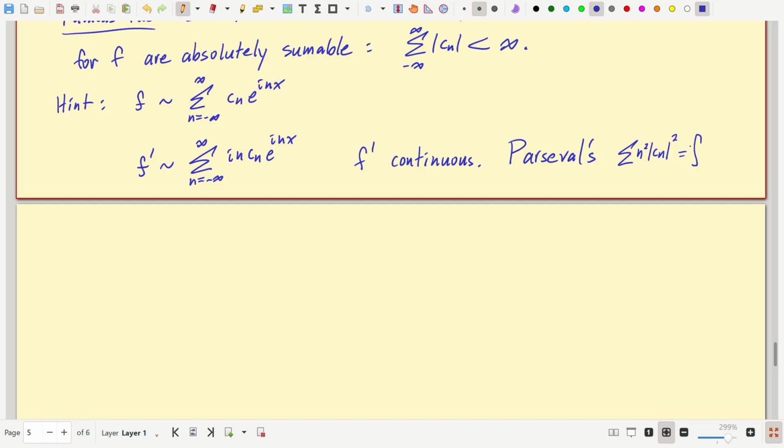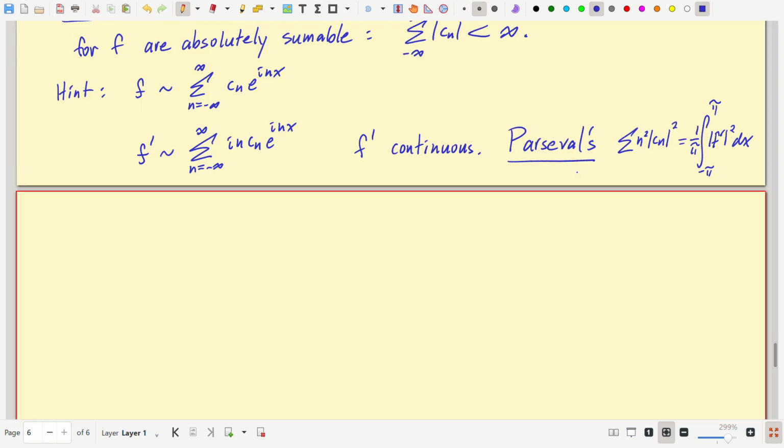I think there's a 1 over pi somewhere. Maybe, is it 1 over pi? Of f prime squared dx. So that would be finite. And that's the key to getting this result.